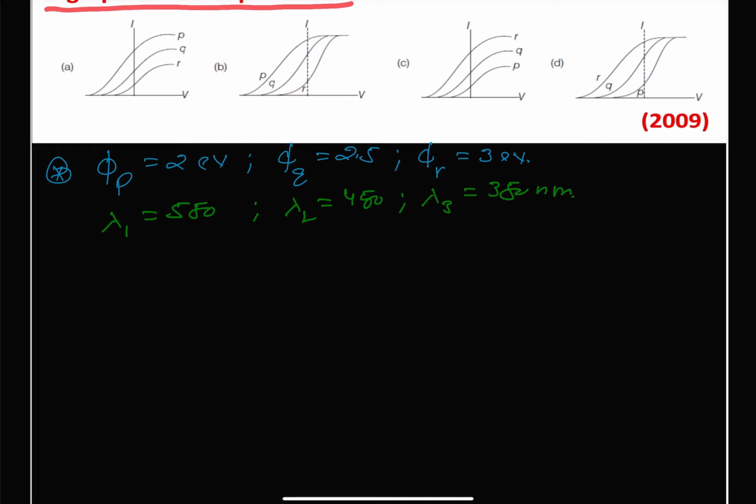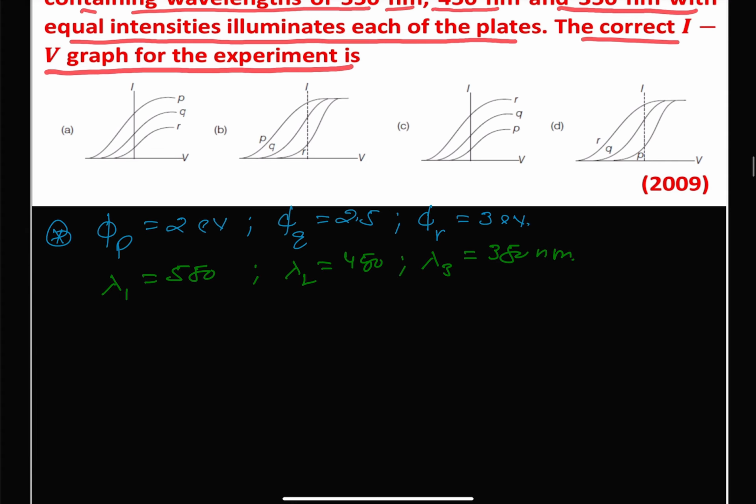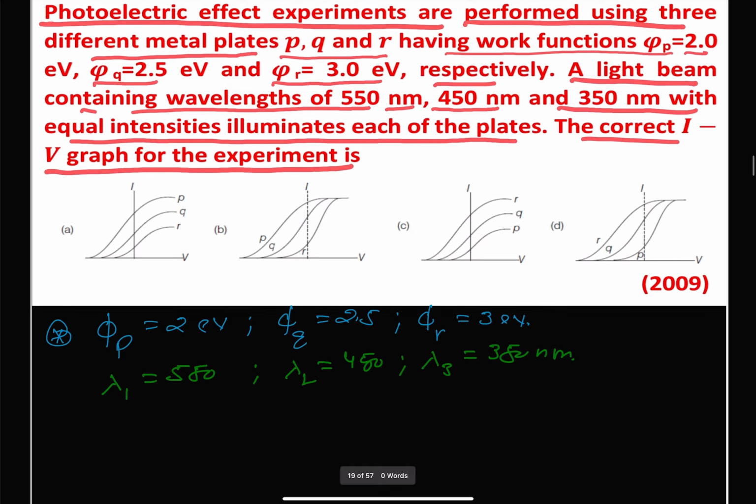It is also given that the intensities for all the wavelengths are equal, and from there we are supposed to find out the graph, which is plotted between I and V.